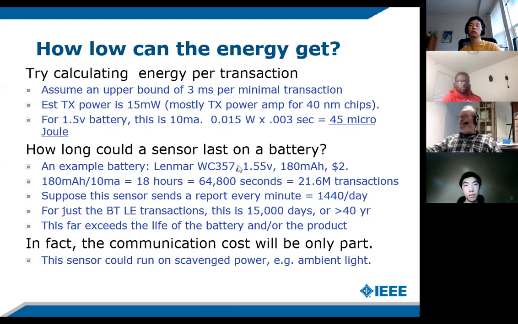Let's suppose I buy a 180 milliampere hour battery. They're watch cells, basically. And here's an example of the device at that time in history, which was 5 years ago. They were about $2 in onesies. I could go into a store and buy them for $2.